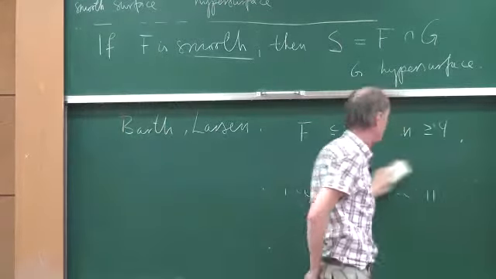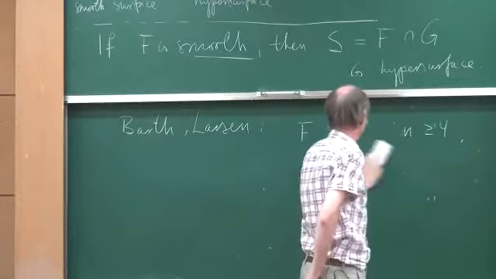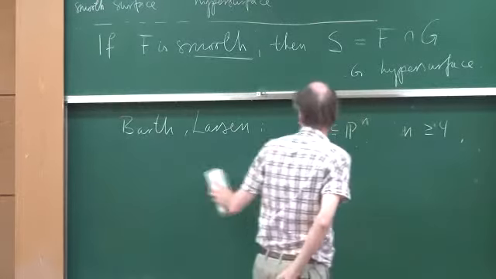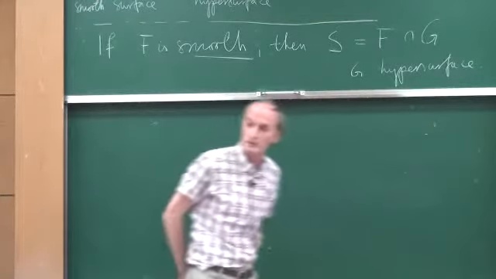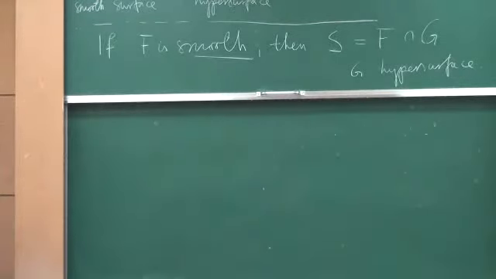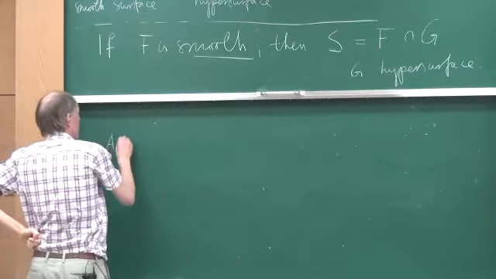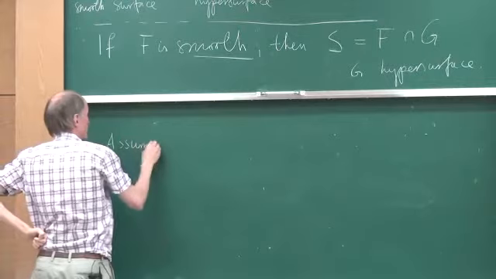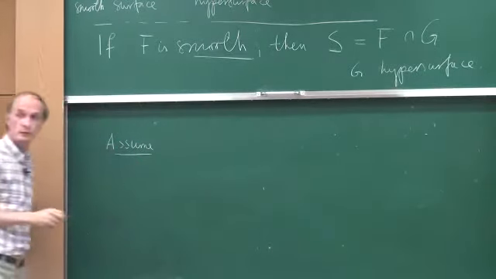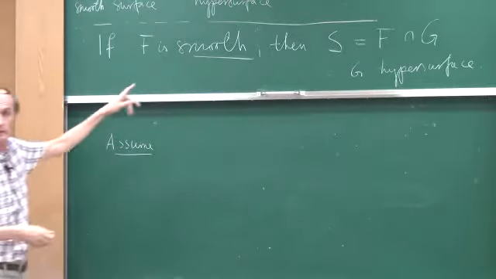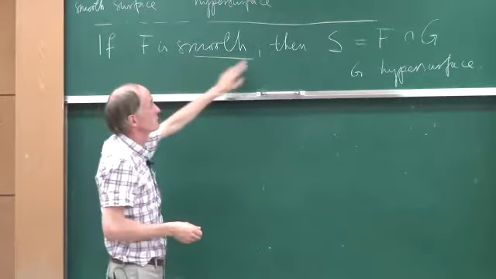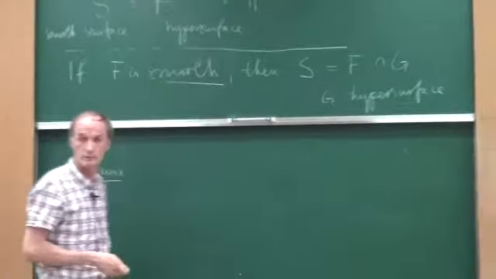And let me also say just a little bit about why this would be the case. So I'm not going to prove, of course, Barth-Larsen, but I will just give you an intuitive answer in this setting of P4.